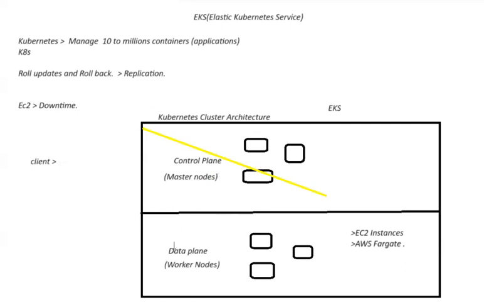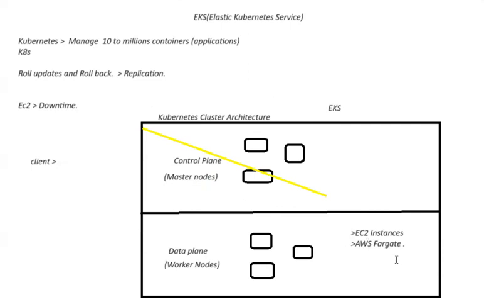To manage the data plane, if you want control, you can choose EC2 instances. If you don't want to take the risk or manage the whole infrastructure, then you choose AWS Fargate.